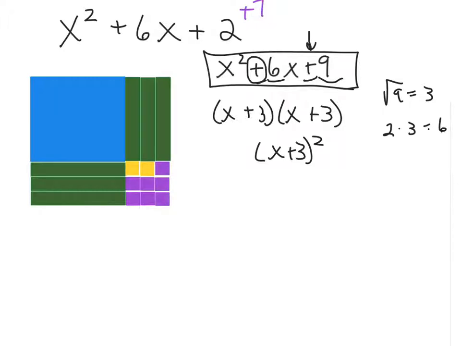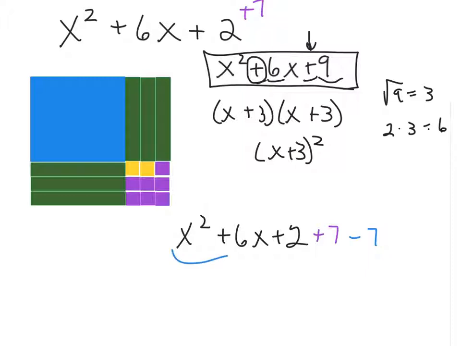But in order for us to have done that, we had to add those 7 boxes to it. So what you have to make sure of is to recognize that because we added 7 to our equation, in order to make it the same exact value, when we add the 7, we would also have to subtract the 7, because otherwise we've changed the value.